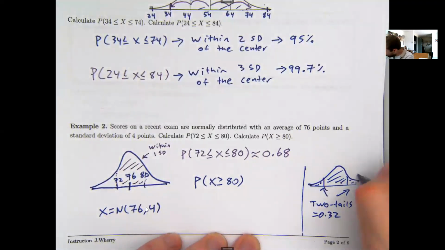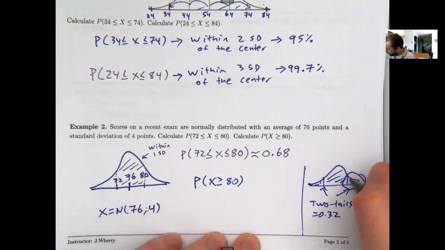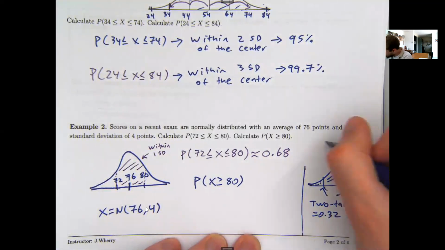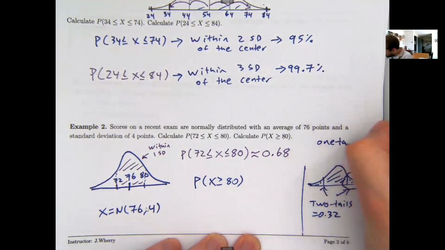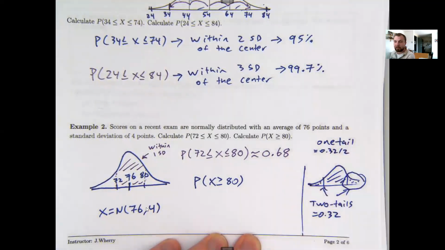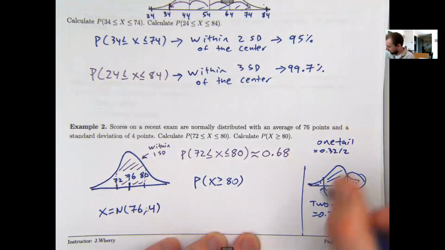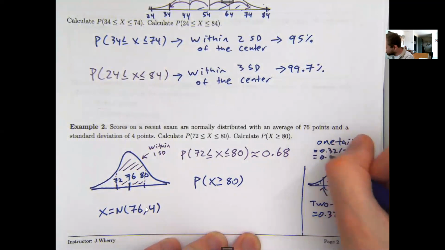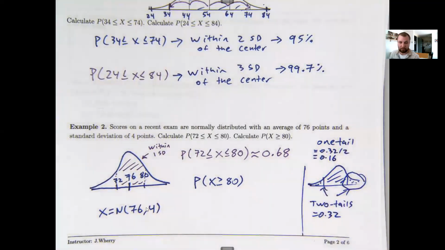But I only want one tail. I want from 80 and above. So to find this area for one tail, I'm going to take this 32% and divide it by 2. This gives me a probability of 16% or so.